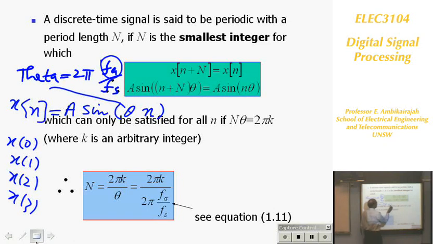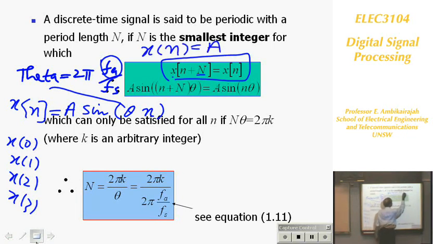Now, what is periodicity? This is what period means: the same signal repeats after N samples. I already know that x(n) is equal to A sin(n theta). Now I can substitute here: instead of n, I put n plus N. Now you can say these two are equal.